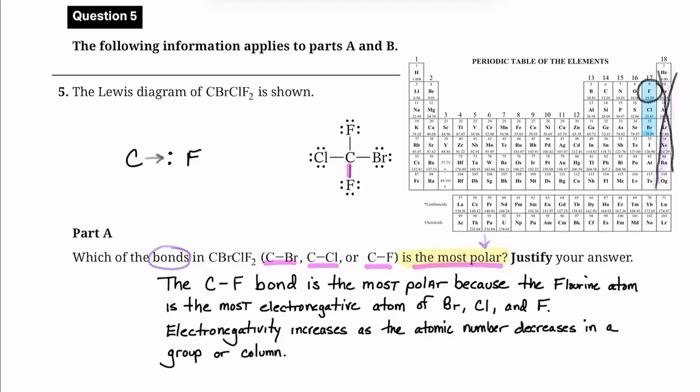And you should know your trends as you move upward on a group or family of elements. The size of the atom becomes smaller, and therefore its nucleus is more exposed to other electrons. Remember, electronegativity is measured by how well the nucleus of an atom in a covalent bond can attract and pull on other electrons that it does not have. So the nuclear charge has to be high enough, but the atom has to be small enough to create this positive field to pull in electrons.